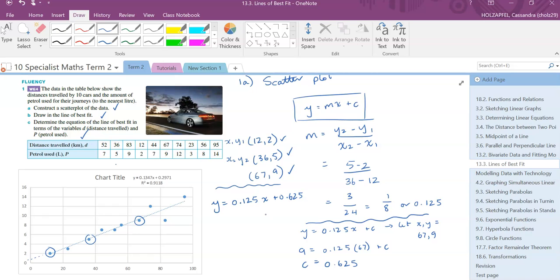When I went through uni and was doing all my science degrees, we did a lot of this kind of stuff, especially because I did a chemistry degree and we would be measuring different variables. For example, we might be measuring reaction rate against temperature of a reaction, or looking at pH levels or something like that.